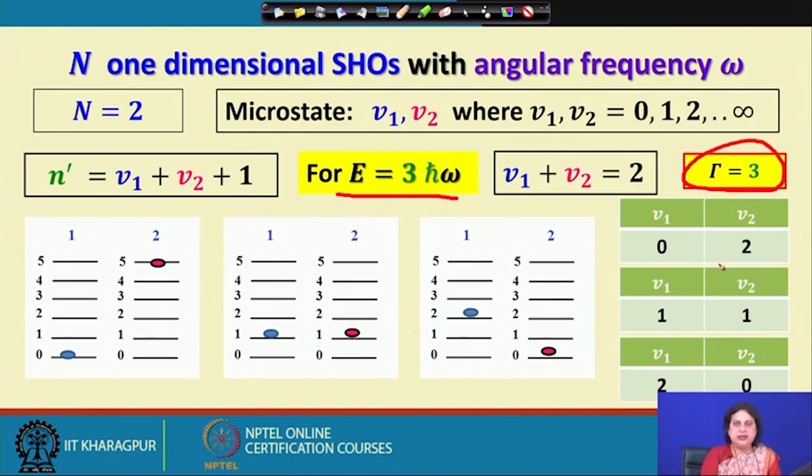Now, as you see, this expression or this kind of argument is very general. So, what we shall see next is the number of microscopic states that is possible when I have a general value n prime.